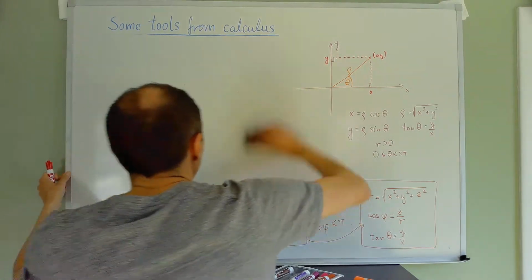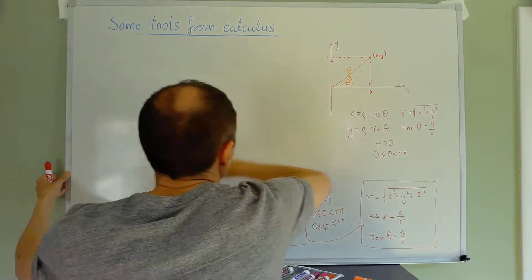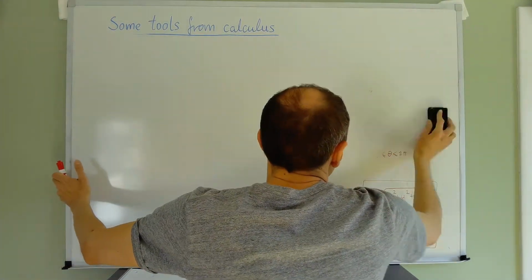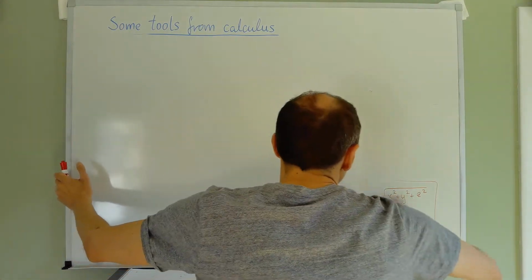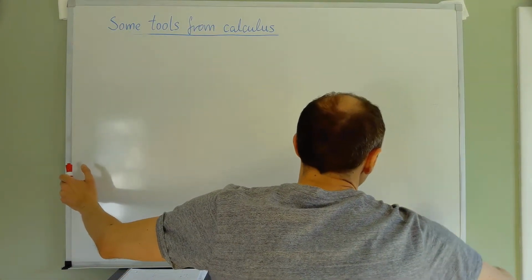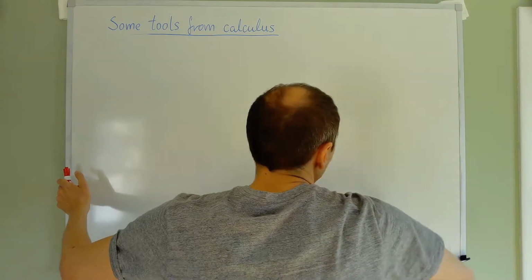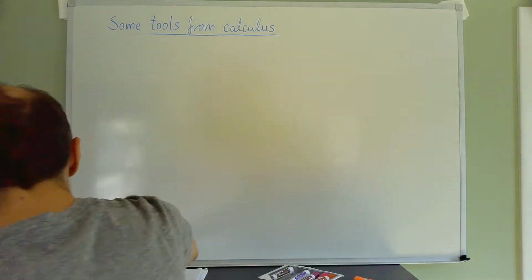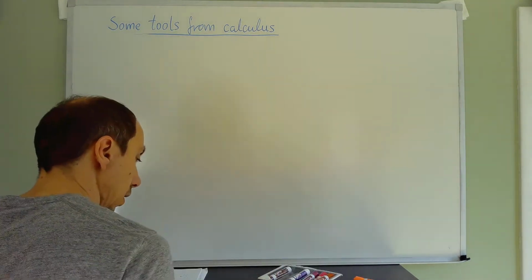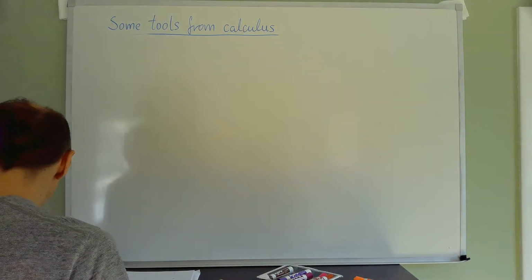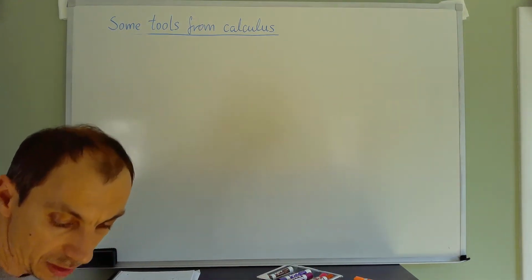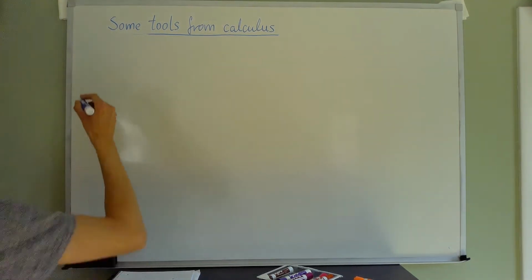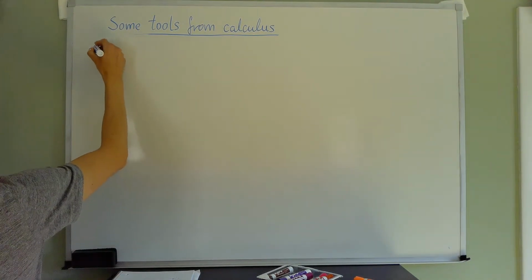I wanted to say just a few sentences about the distance in R3, essentially just by giving you a formula that you're all familiar with and that I already implicitly used when talking about spherical coordinates. So, distance in R3.